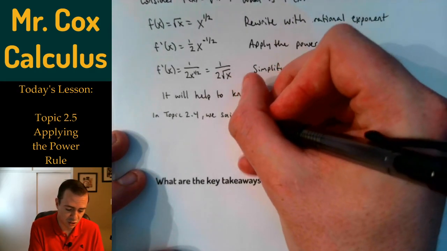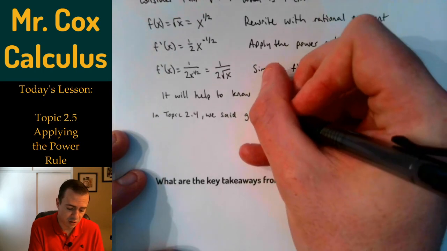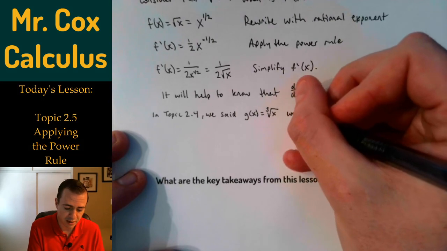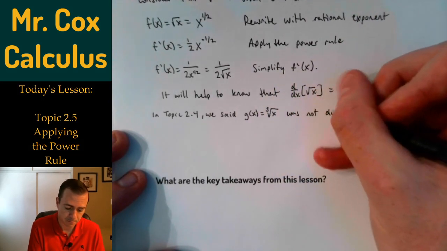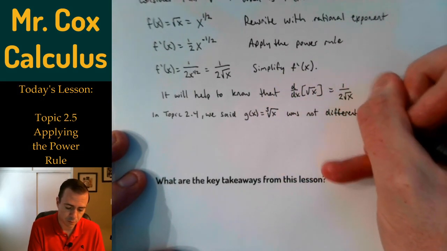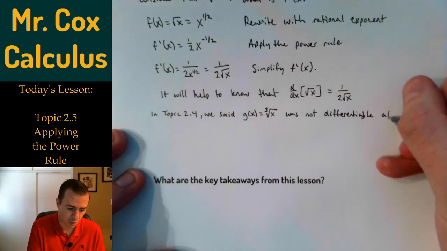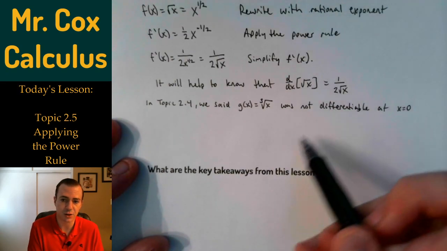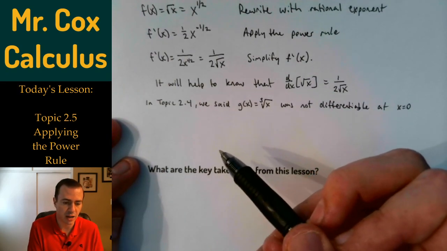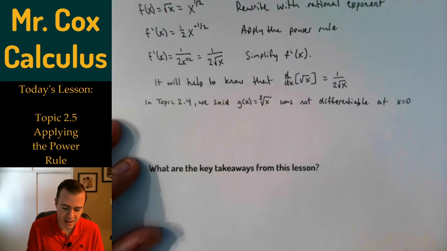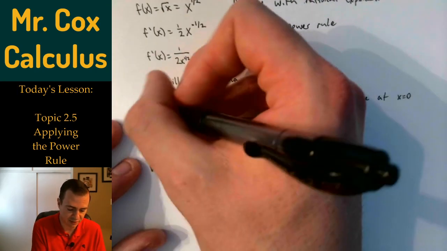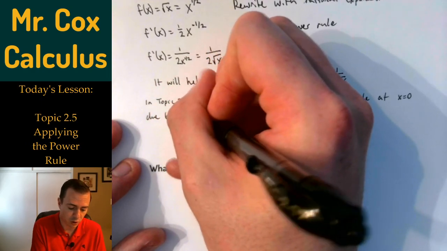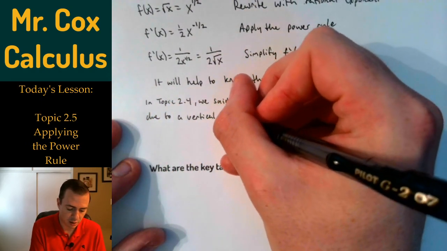So we said that g of x, the cube root parent function, the cube root of x, was not differentiable at x equals 0. And when we sketched the graph of that cube root of x function, I told you that at x equals 0, it wasn't differentiable due to what I called a vertical tangent line.